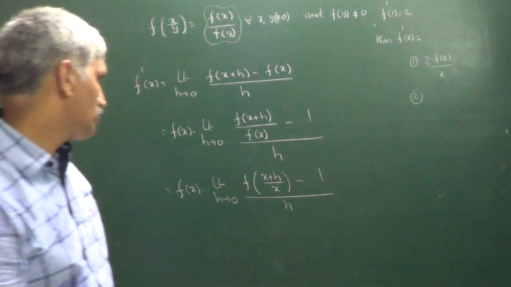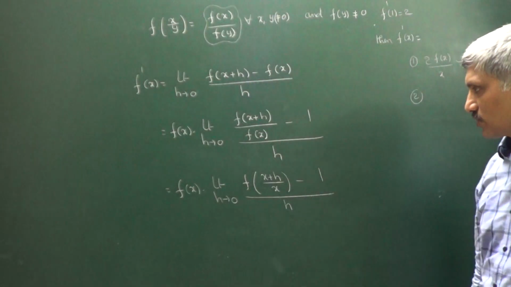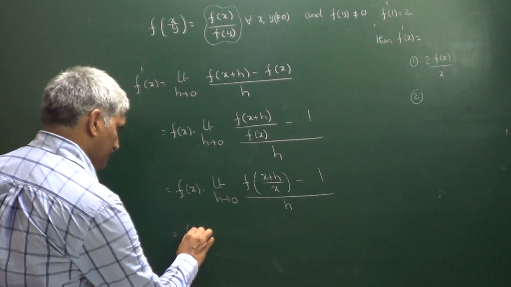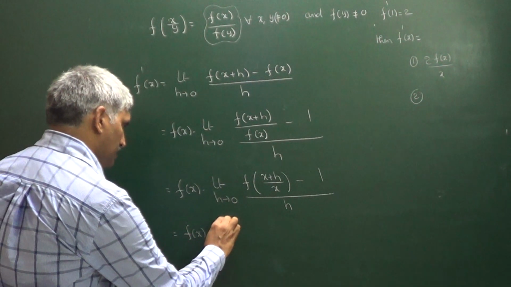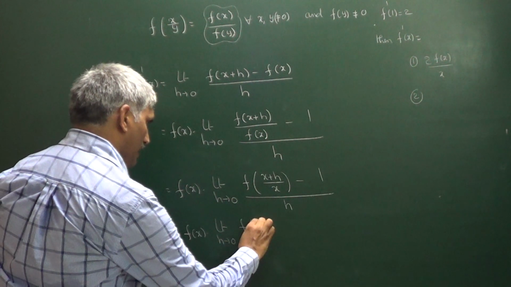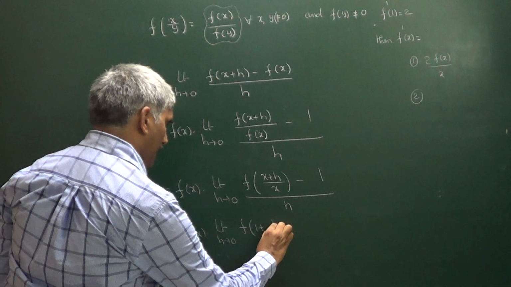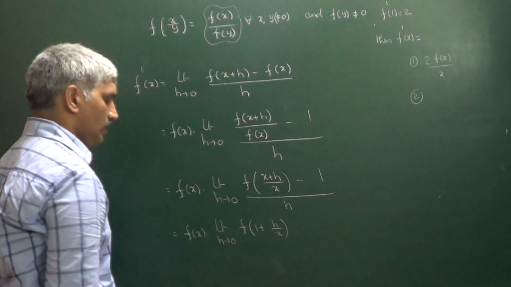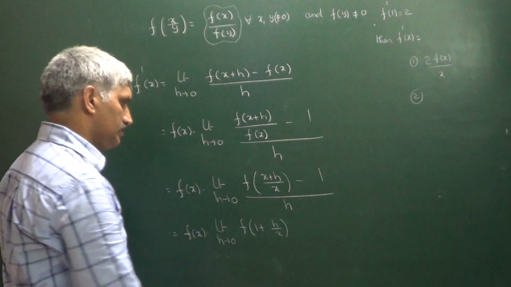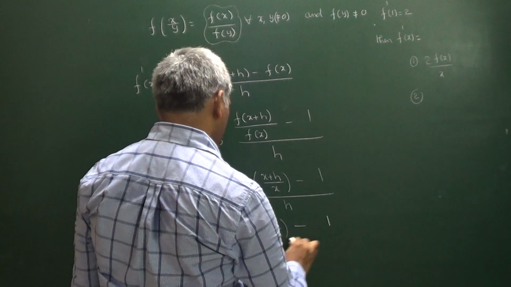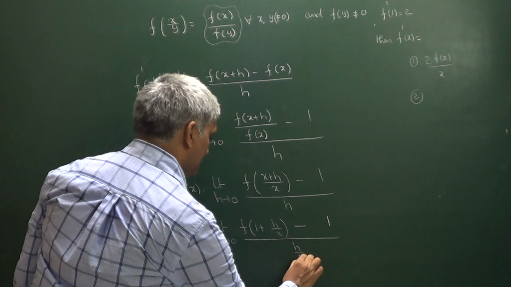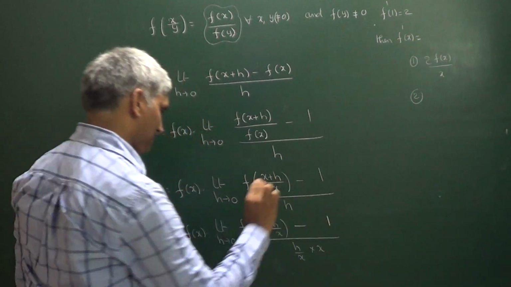So now what to do with this 1? This can be written as f of x into limit h tends to 0, f of 1 plus h by x, x by x becomes 1, 1 plus h by x minus 1 divided by, here also I am writing h by x, multiplying with x.